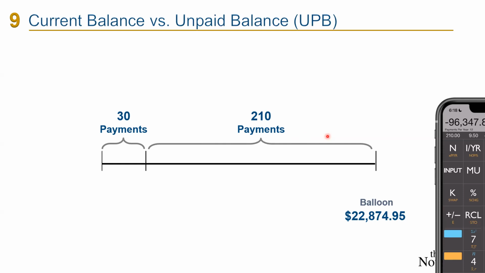So I have to tell you that when I was first learning how to calculate notes, and I had not come up with my 4 infallible steps, what confused the heck out of me was why sometimes when I calculated for the current balance, I would solve for FV. And other times I would solve for PV.